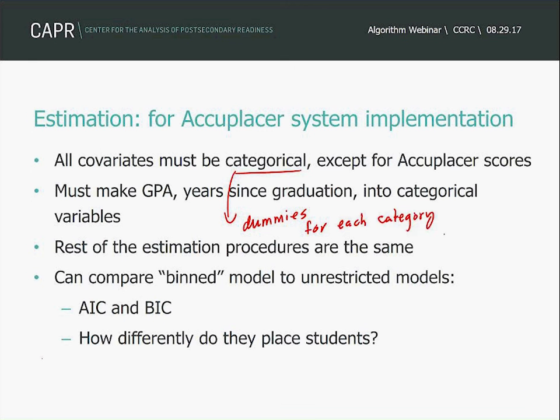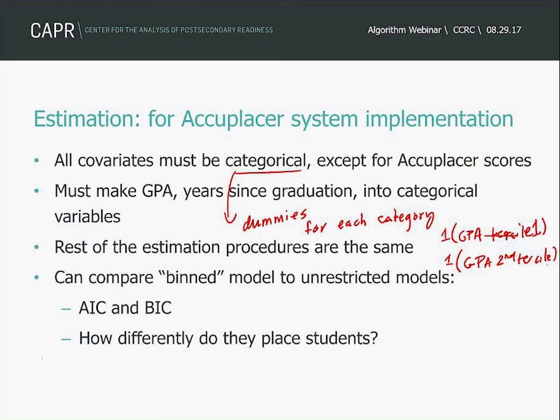So you might have an indicator for GPA in tercile 1. I don't know why this is giving me crosses. So that's one variable. And then you'd have another variable, which is GPA in the second tercile. That's what I mean by dummies for each category. But then the rest just goes the same.